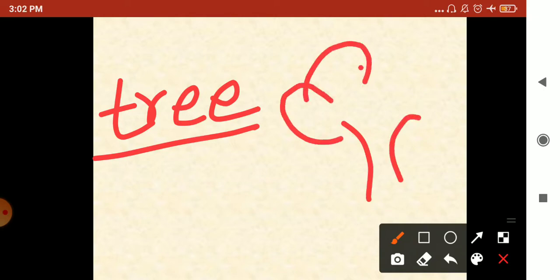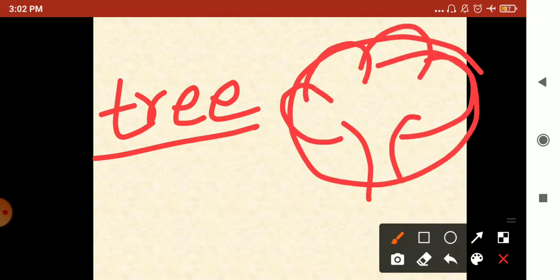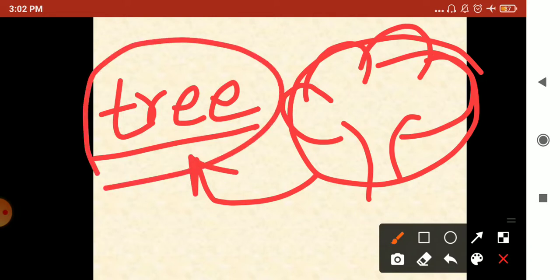Now, why do we call this a tree? Why is it not called by any other name? Why is this object in reality called TREE? Why don't we use any other word for this object? There is no logical reason for this, because language is symbol.